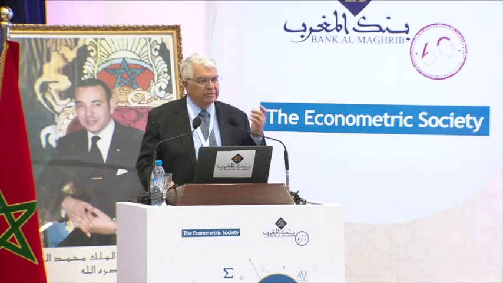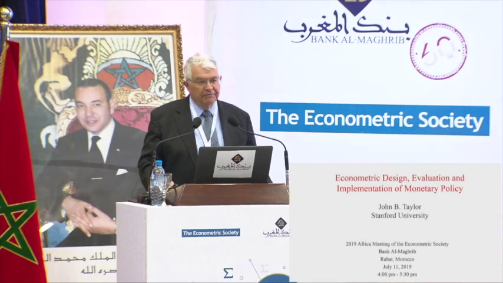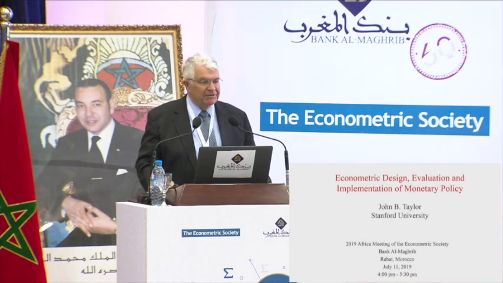It's part of many trips to Africa, which I think is a very important part of the world right now. I'm going to talk about monetary policy more generally, and pick up on the idea that we have a couple of important histories going on: the 60th anniversary of the Bank Al-Maghrib, and nearly the 90th anniversary of the Econometric Society.